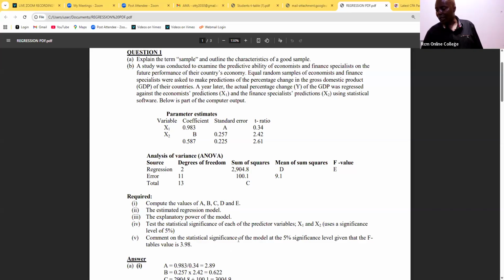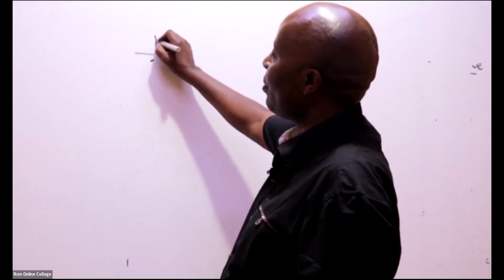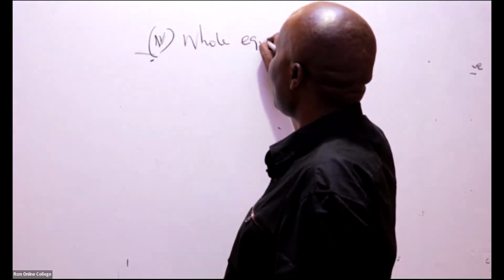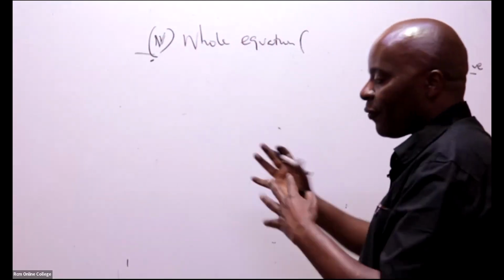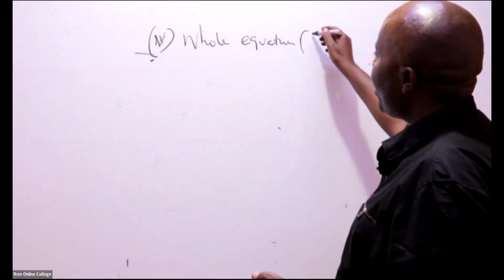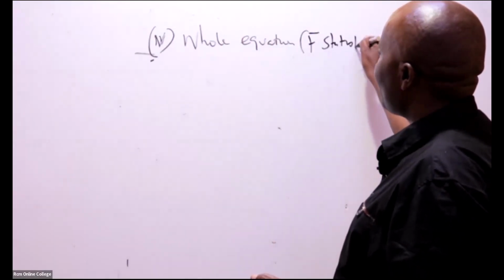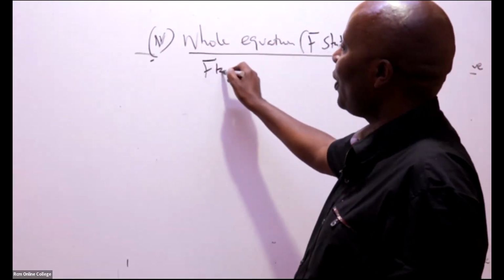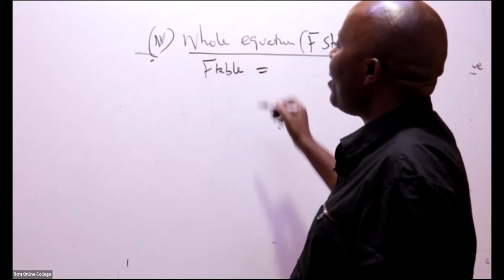You can see here: comment on the statistical significance of the model at the 5% significance level, given that the F table's value is 3.98. Now, in this case, we are looking at a whole equation, number 5 actually. The whole equation, you do the F comparisons. So it is the F statistics, where you start with the F table.